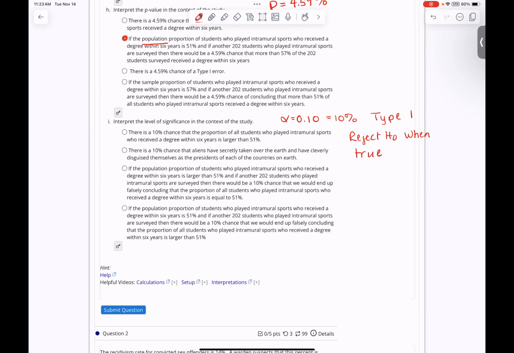So which of the 4 choices here? Well, it's not going to be the top 2. It's going to be either the third or the fourth. And the last sentence in that says, if the population proportion of students who played intramural sports who received a degree within 6 years is larger than 51%, and another 202 students who played intramural sports are surveyed, then there would be a 10% chance that we would end up falsely concluding that the proportion of all students who played intramural sports who received a degree within 6 years is equal.